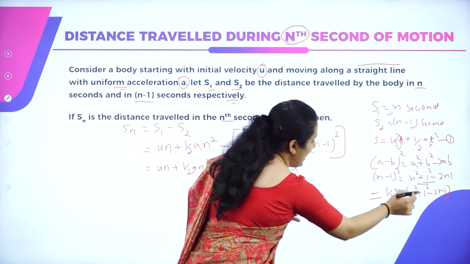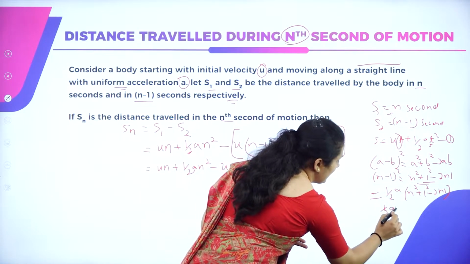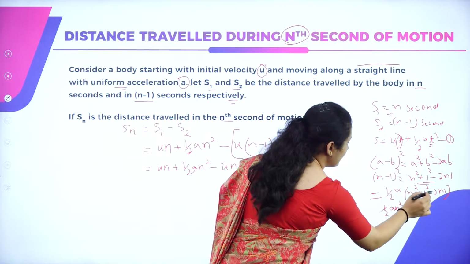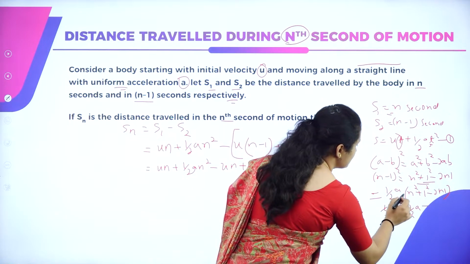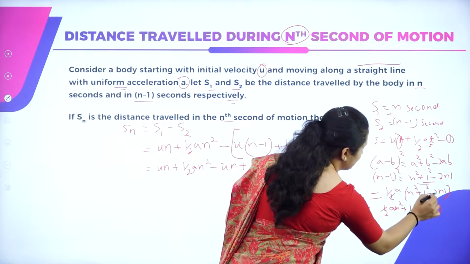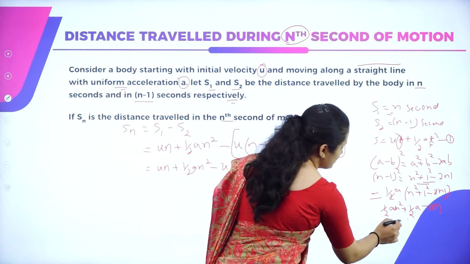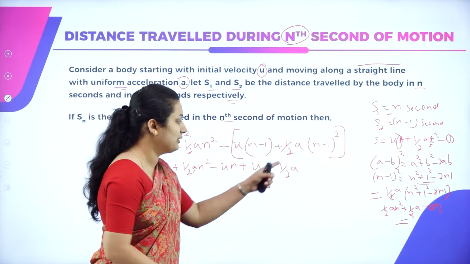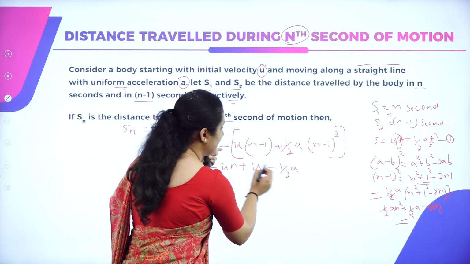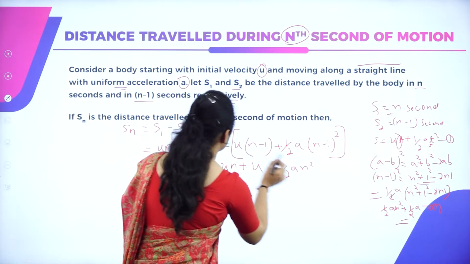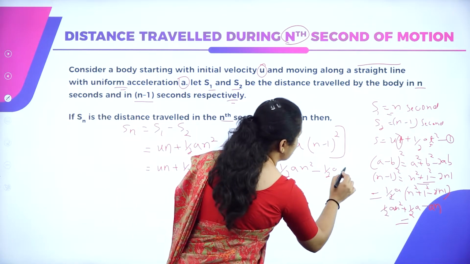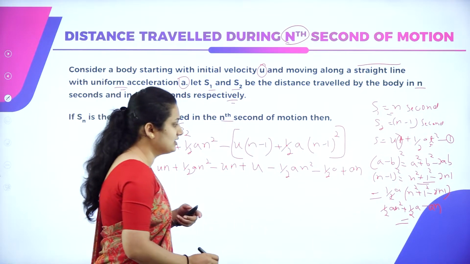When you multiply half inside, you will get half a n square plus half a, and again when you multiply inside, you will get minus, the 2 and 2 get cancelled, so you will get a n. So this is your equation. When you multiply, you have the negative sign, so it will be minus half a n square, plus half a, and minus a n.